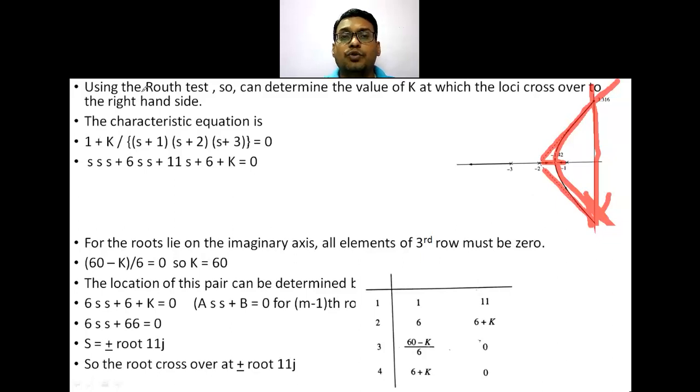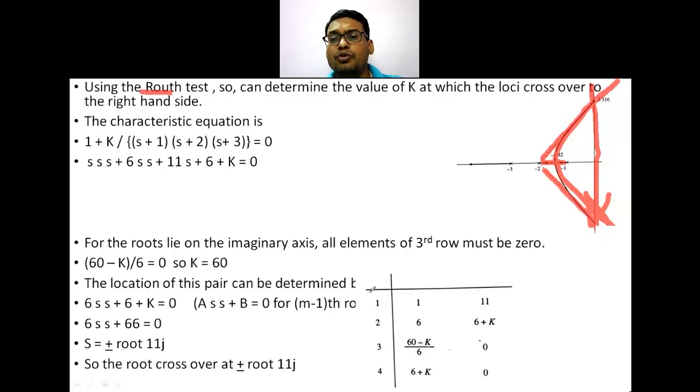For that purpose, you have to use the Routh test to determine the value of k at which the loci cross over to the right hand side. For that, you require the characteristic equation, which is 1 plus the open loop transfer function. After simplification it becomes s cube plus 6s square plus 11s plus 6 plus k equal to 0.